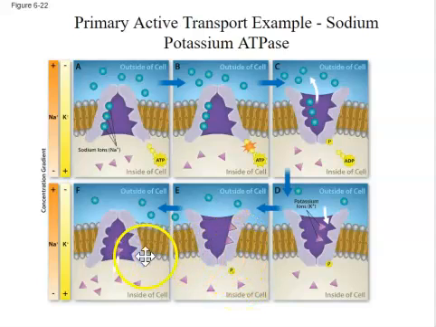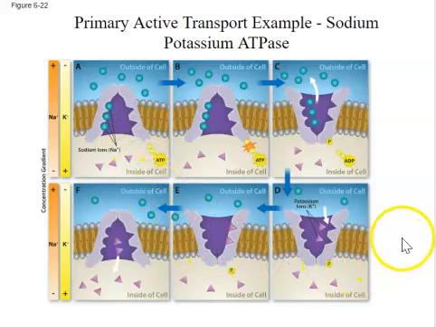Then the protein is triggered to change shape again, closing on the outside and opening on the inside, releasing these potassium ions to the inside, and we're left back able to start the whole scenario again.